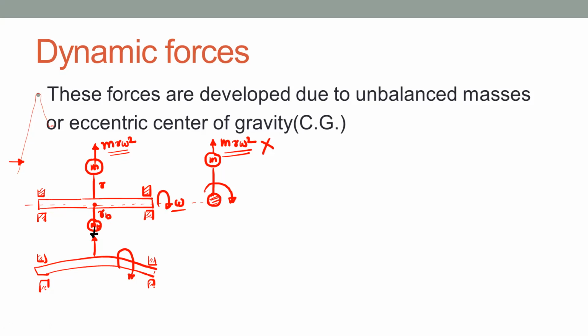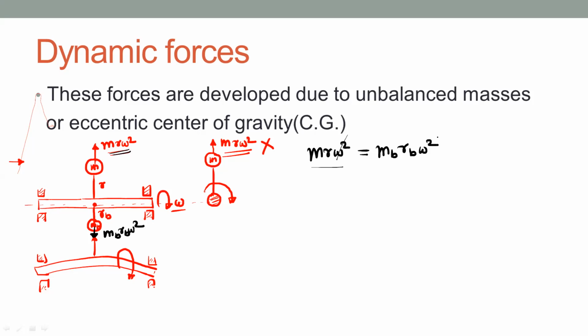So it will create the centrifugal force, which is equal to mb rb omega square. Suppose we want to find out how much mass we should add in the opposite direction so that it will counter the mr omega square. We can write this condition as: the mr omega square, which is the unbalanced force, must be balanced by the balancing mass, mb rb omega square.